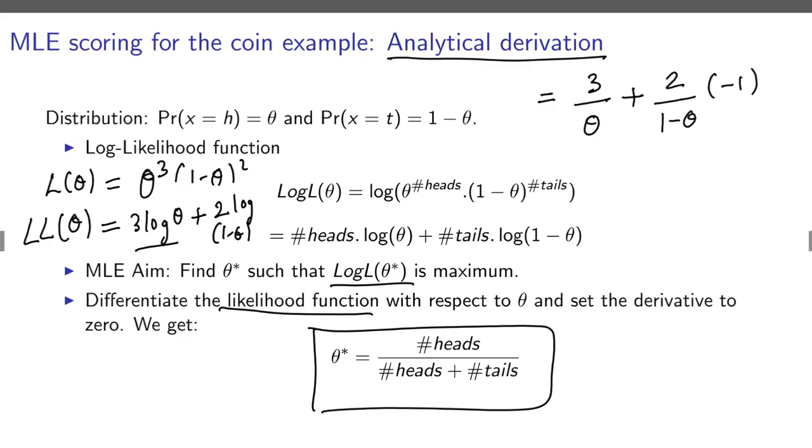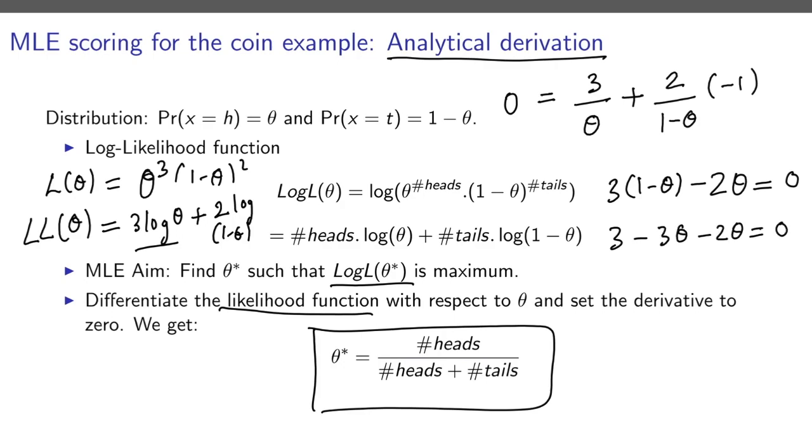We equate this derivative to 0, and this is nothing but 3 times 1 minus theta minus 2 times theta is equal to 0. So we have 3 minus 3 theta minus 2 theta is equal to 0.